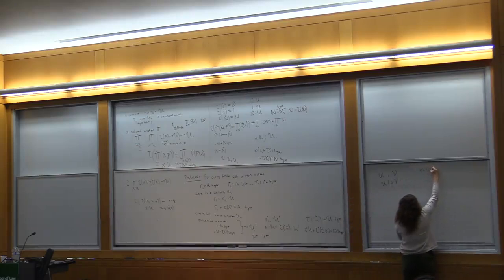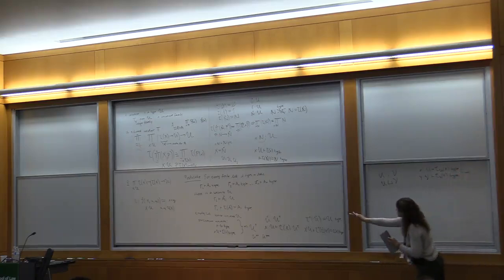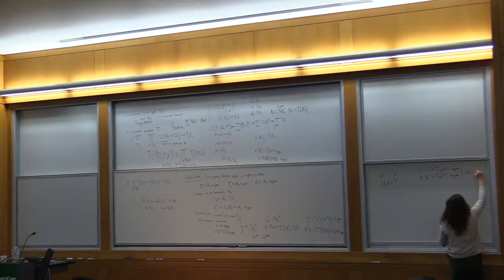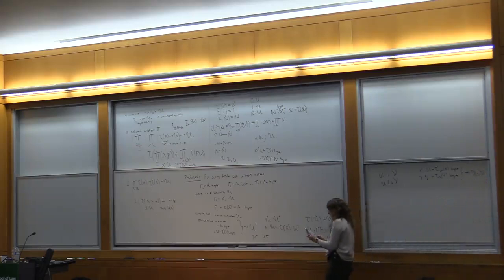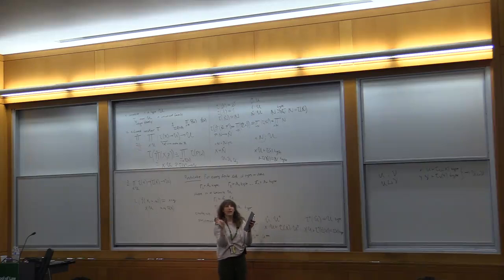So if I have x in U, then tau U of x is a type, and I have y in V, then I have tau V of y a type, and then I can form out of these two, by the same construction as here, U join V. So basically what I'm saying is that if I have two universe levels, and they're not the same, I can have a higher one that contains both.